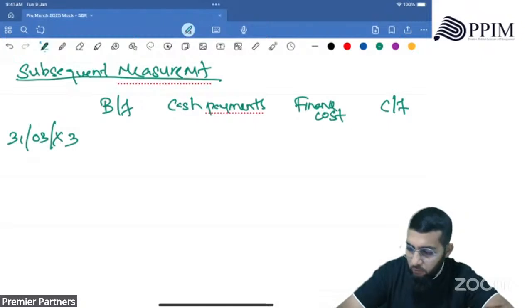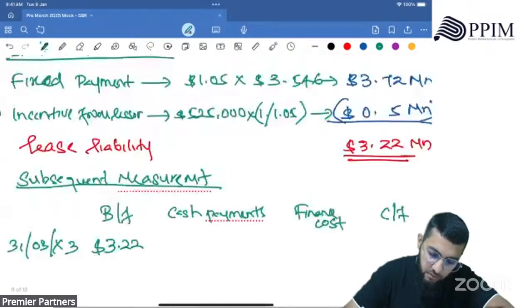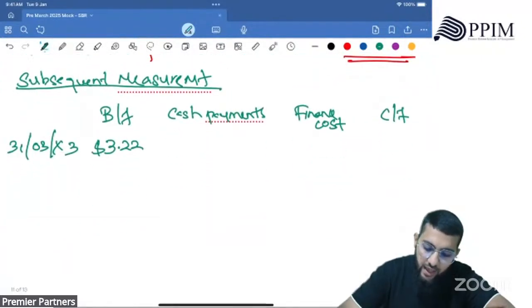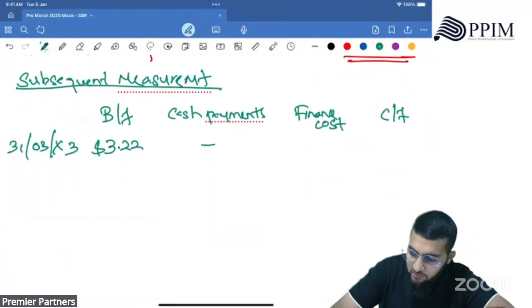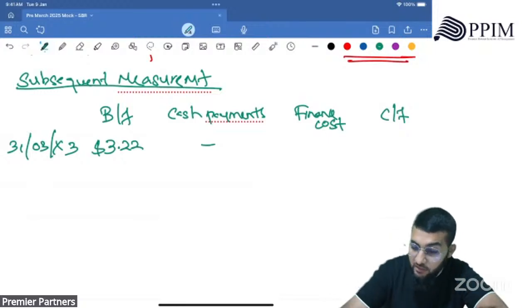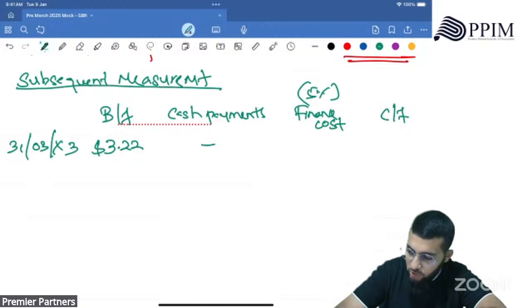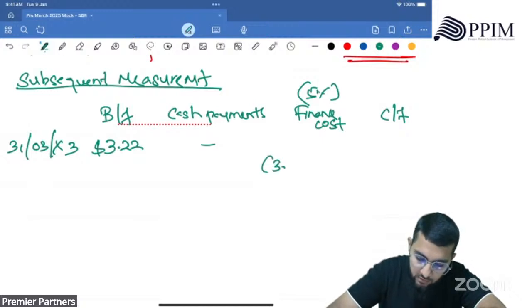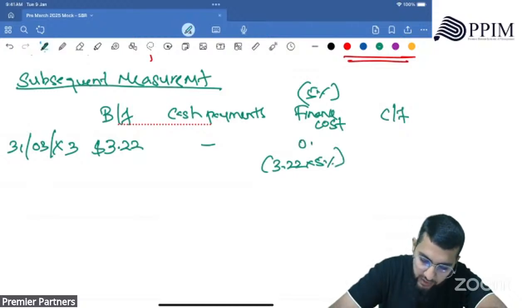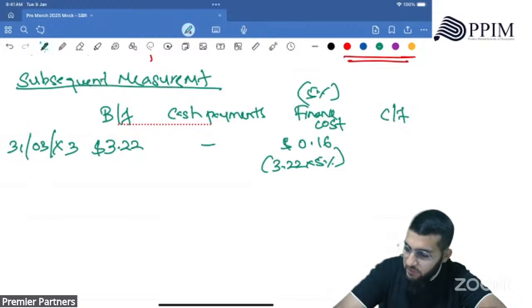Brought forward amount was 3.22 million. This we are bringing from here, 3.22. Cash payments, no cash payments because we've already made the payment in the beginning. We are making the next payment only on 1st of April, so we're not considering it here. 3.22 into 5%. Right, so that's going to be 0.16 million, and your liability will increase by that amount.